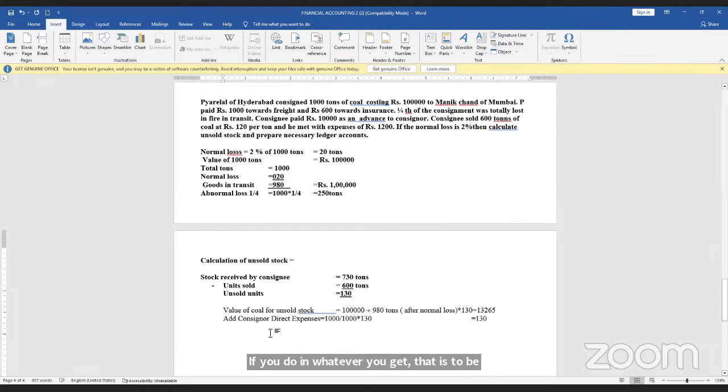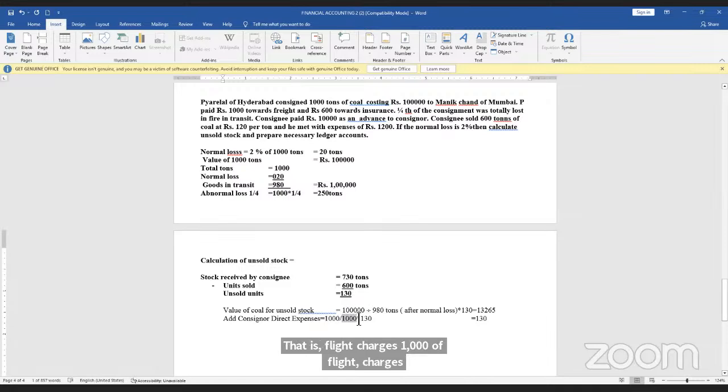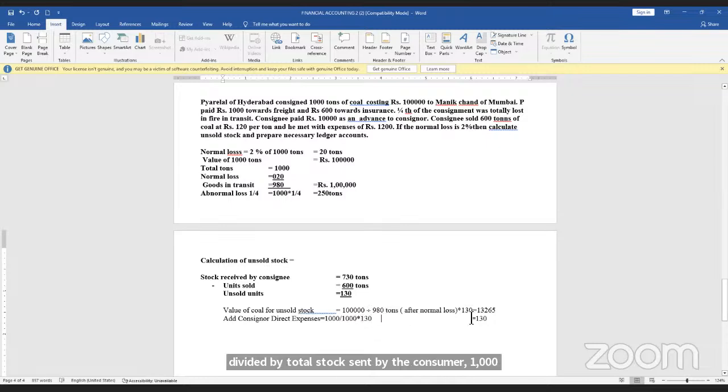So freight charges of 1,000 rupees divided by total stock sent by the consignor, 1,000 units, into unsold stock 130 gives 130 rupees. He spent that 1,000 rupees on 1,000 units; the loss took place after that.